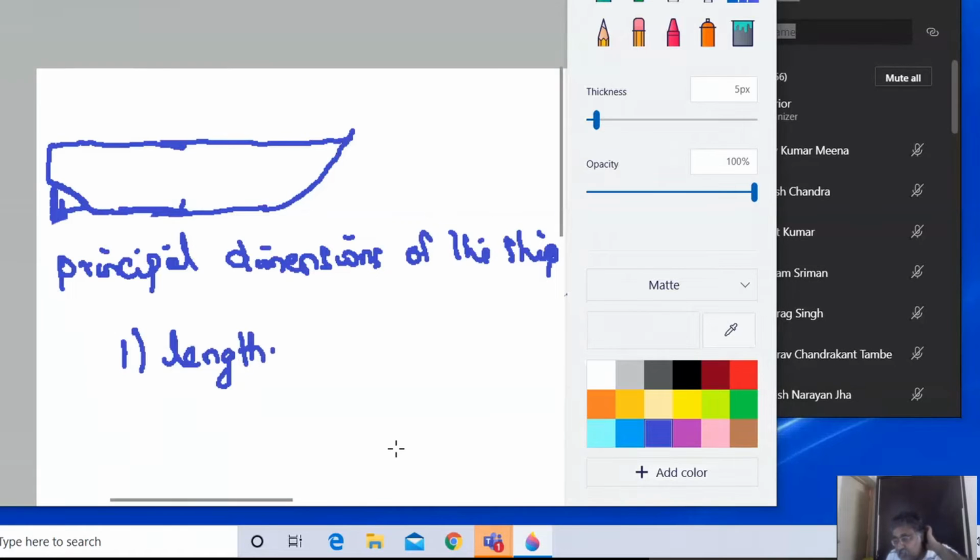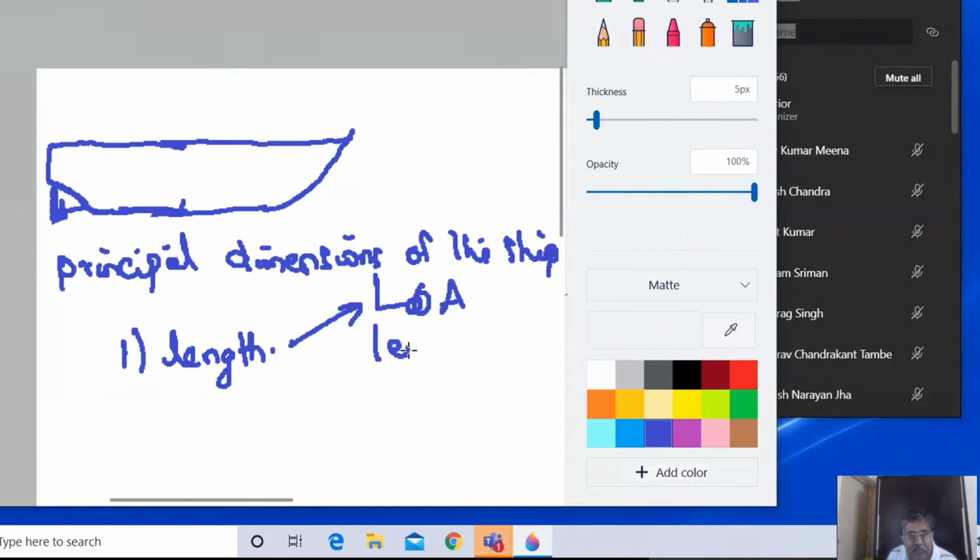So the length of the ship, as this figure can show, there are a couple of lengths actually. It's not enough to say the length of a ship, because there are a couple of lengths which are used in different situations. We use these different names. One, there is something which we call as LOA.